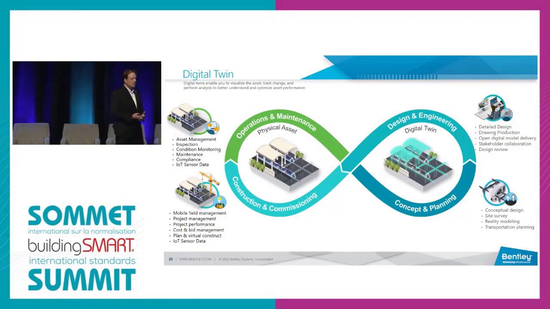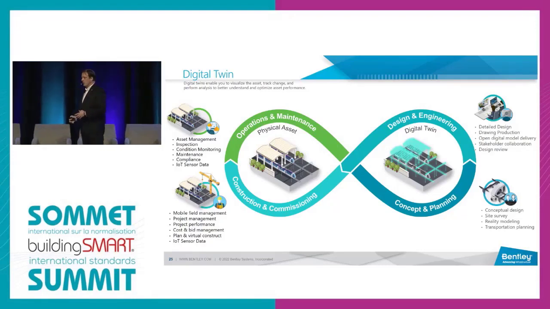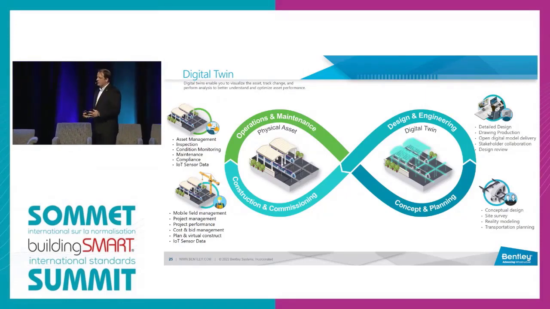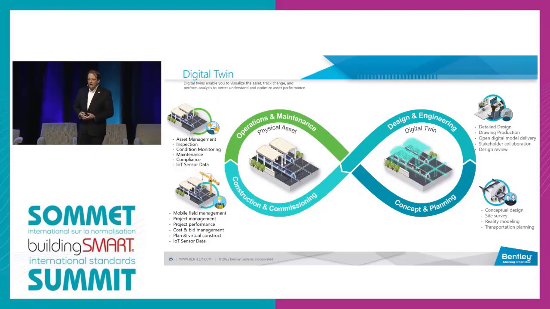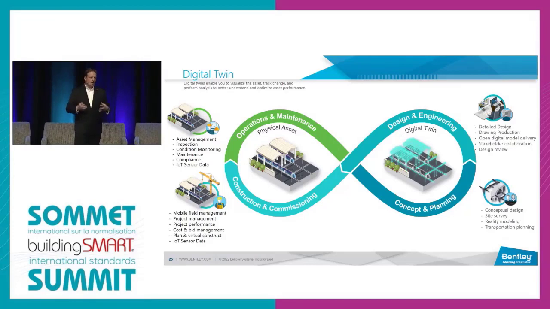And why do you want to do that? For multiple things, right? If you look at the bottom right, you'll be able to do conceptual design, site survey, reality modeling to really advance your conceptual planning. If you go up right, you'll be in the design engineering space where you can do your detailed design, your drawing production, your open digital delivery, and so on, and collaborate and do the design review on that front.